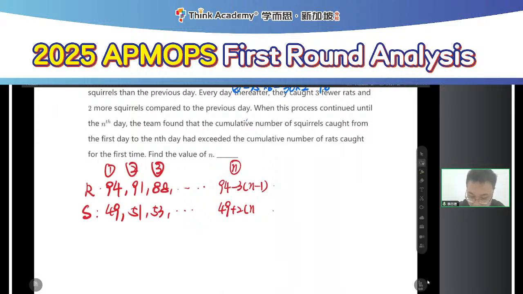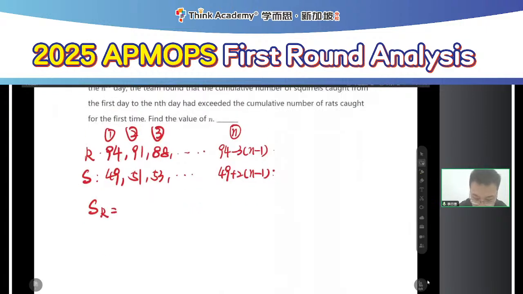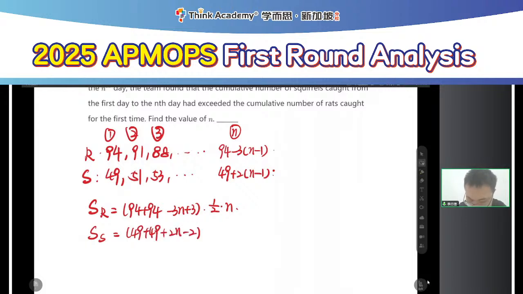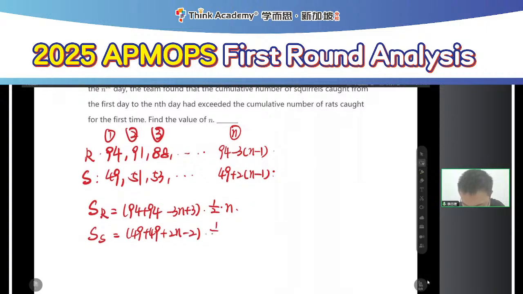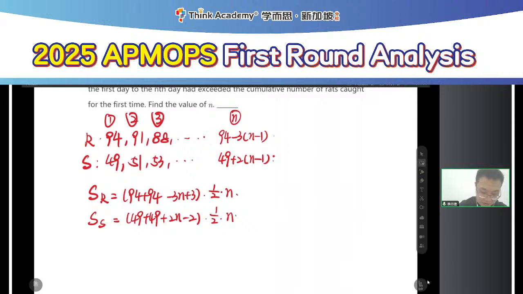So the sum of the rats is the first term plus the last term, 94 plus 94 minus 3n plus 3, times half times n. The sum of the squirrels is 49 plus 49 plus 2n minus 2, and then times half times n. Notice that the number of terms is exactly the same, right? So this is method 1.